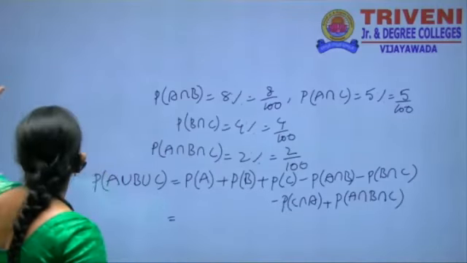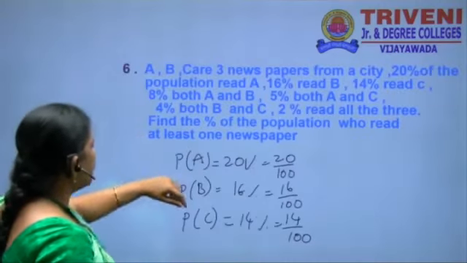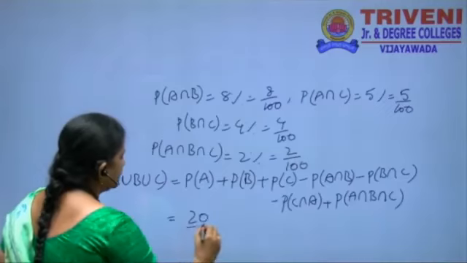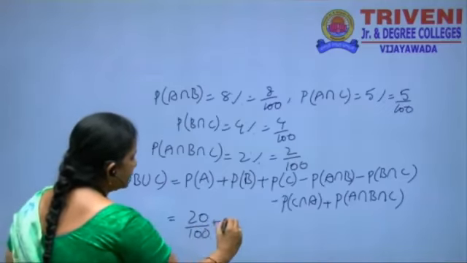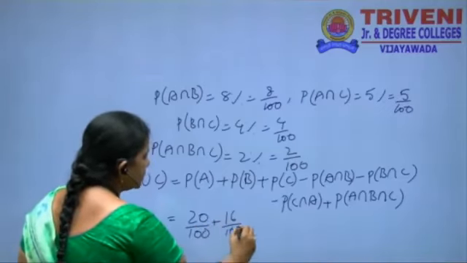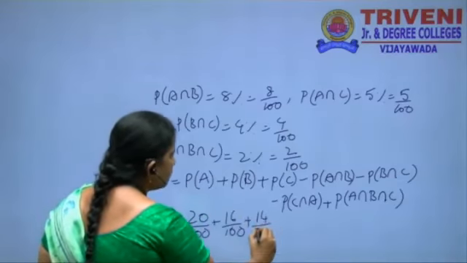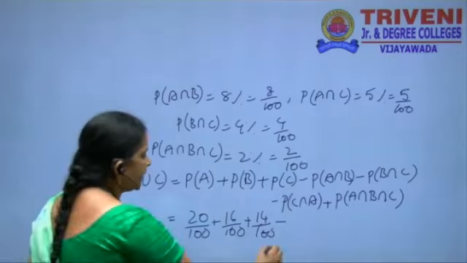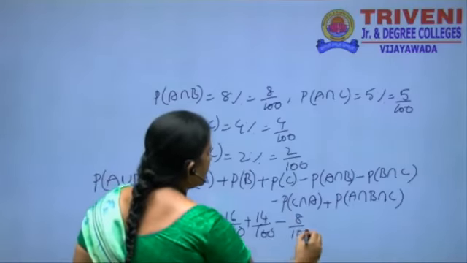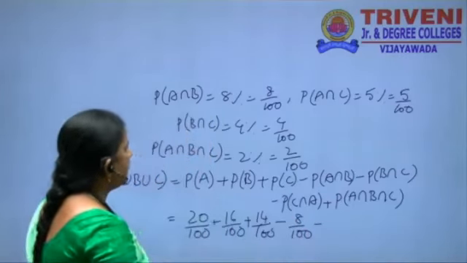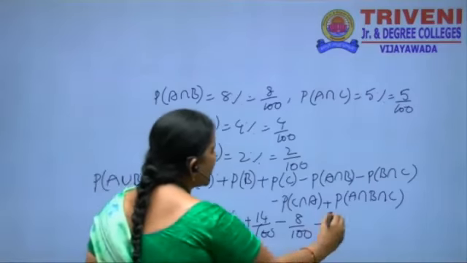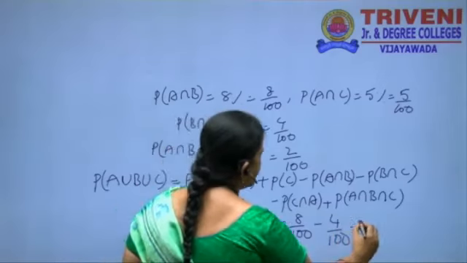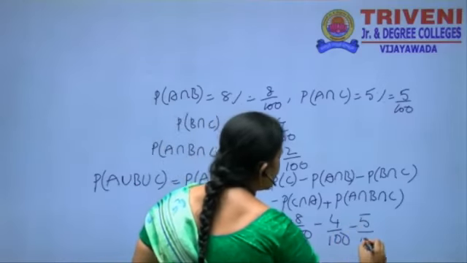P of A is 20 by 100. P of B is 16 by 100. And P of C is 14 by 100. P of A intersection B is 8 by 100. And P of B intersection C is 4 by 100. P of A intersection C is the same as C intersection A, so we get 5 by 100.